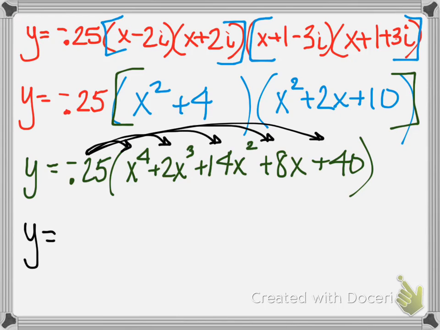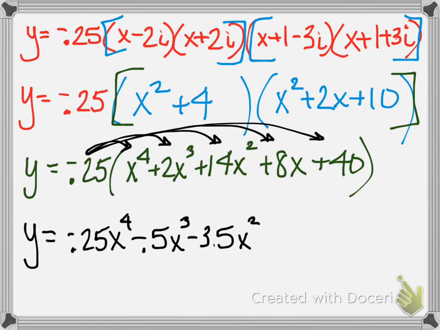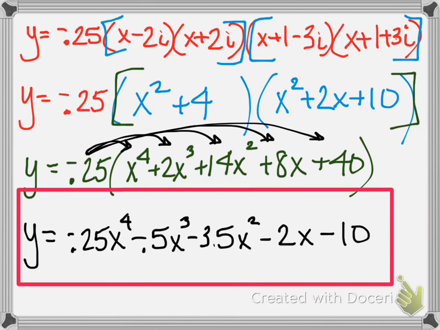So finally, we have negative 0.25x to the fourth minus 0.5x to the third minus 3.5x squared minus 2x minus 10. And that is our solution to problem 3, number 1.